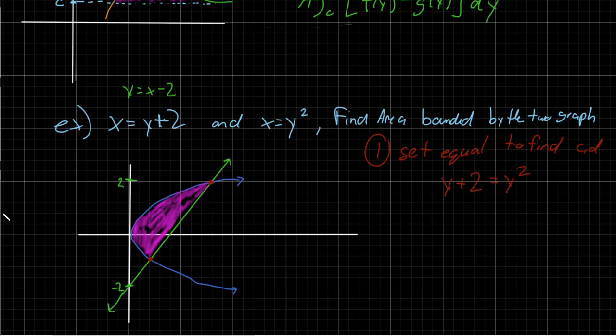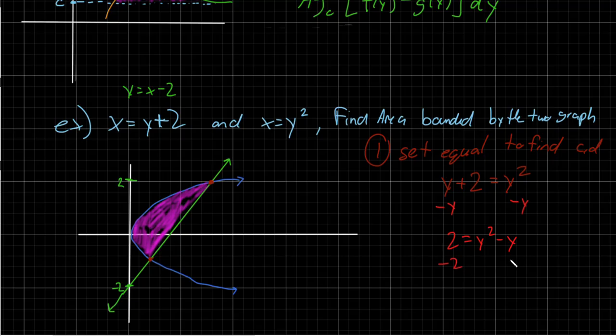What's the first thing most of you guys want to do right now? Okay, do I have any like terms? What can I do to those two? Want to do that? Okay.